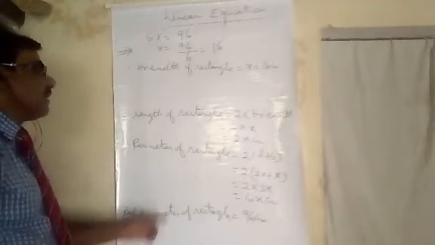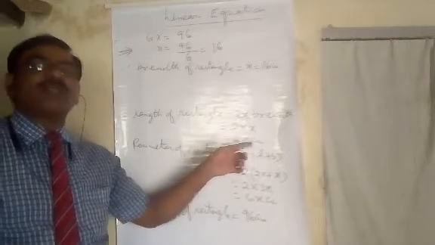Now length of rectangle is 2x centimeter, twice the breadth.